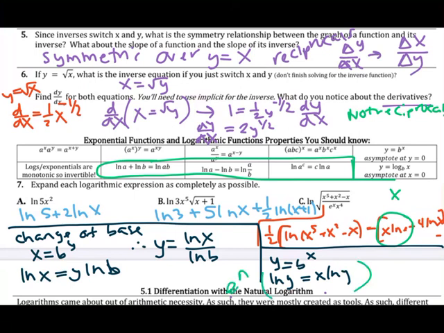So e to the power of the natural log of y equals e to the x natural log of b. Whoops, that should have been a b. And then e to the natural log of y is just y. So y equals e to the x natural log of b.